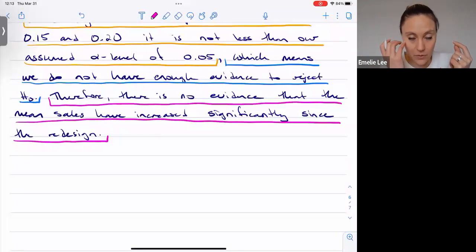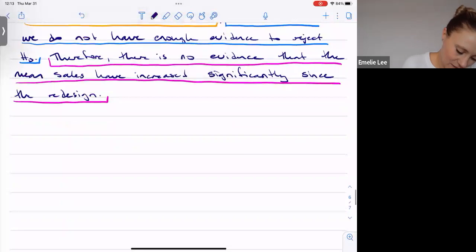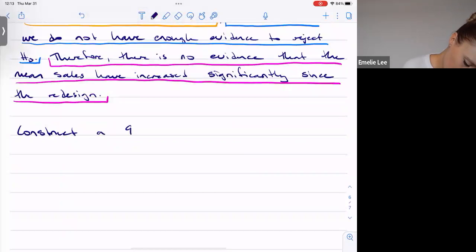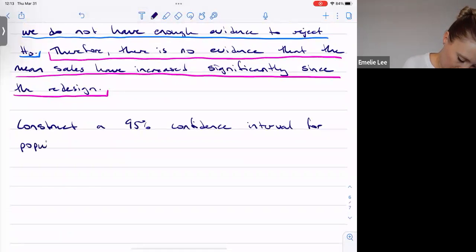It's going to include the previous amount, but we can also construct a 95% confidence interval for the population mean sales after the redesign.